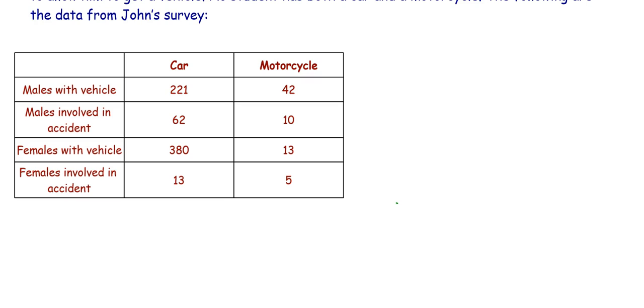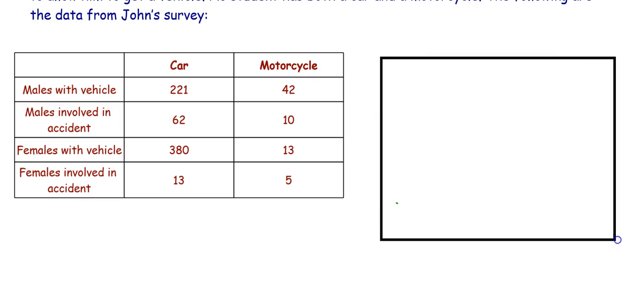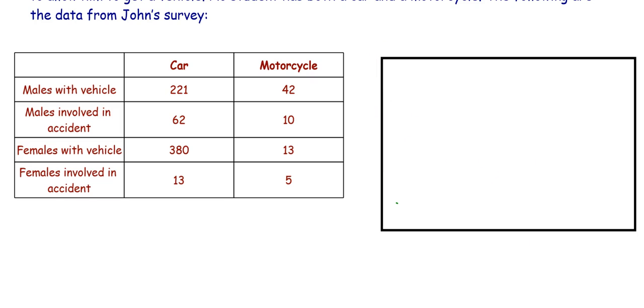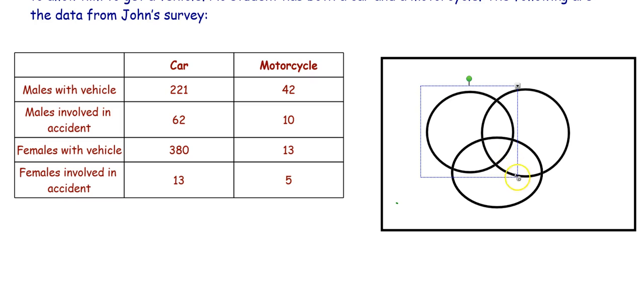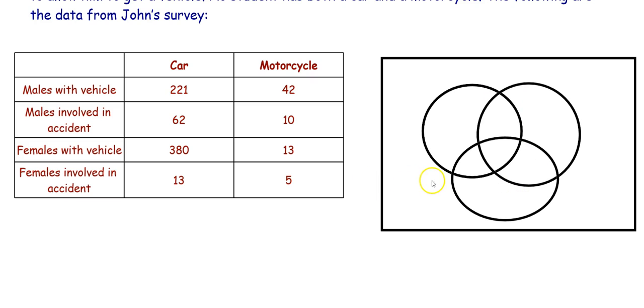I'll draw one rectangle first. Then we will draw 3 circles. One represents the total number of males, the second is the number of people who are owning a vehicle, and the third is the total number of accidents.